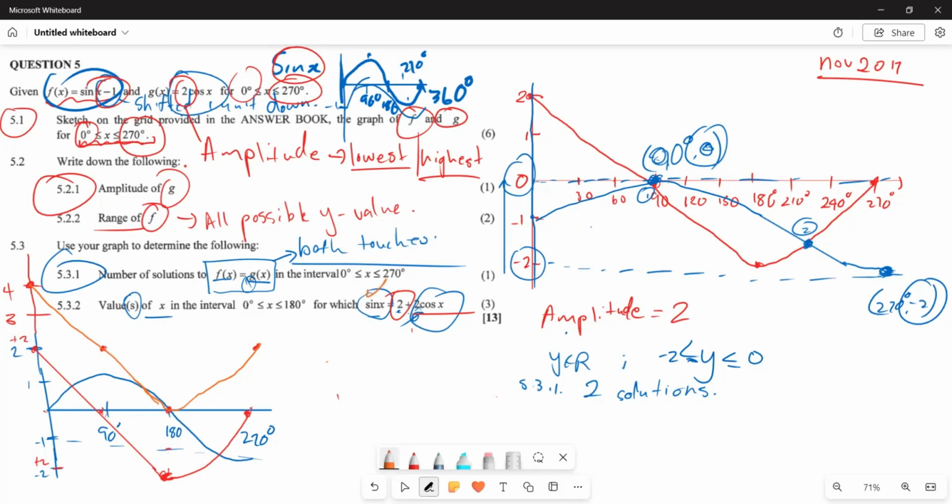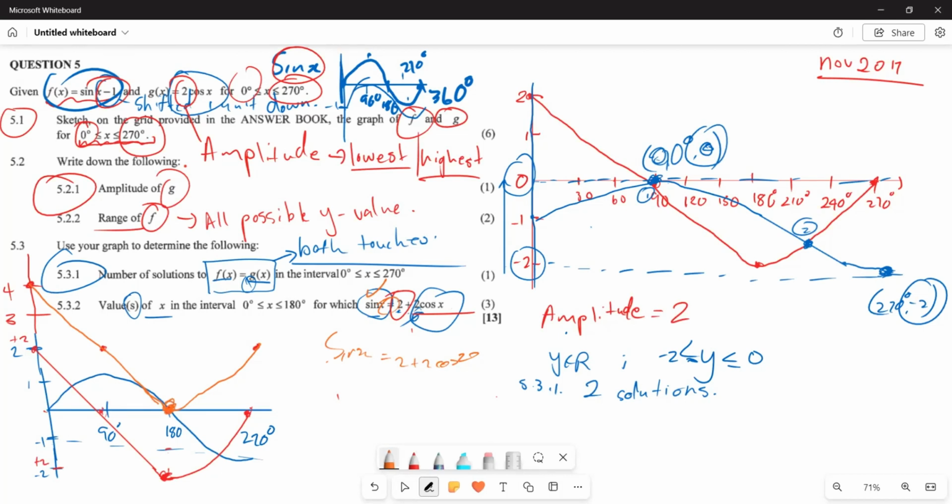Now the orange type of graph is the graph of 2 plus 2 cos x. Now they want where these graphs meet. They want where sine x is equal to 2 plus 2 cos x, right? So basically they want where both of these graphs are going to meet. Can you see that these graphs are going to meet here, right? Tell me that you can see that both of these graphs are going to meet here at 180 degrees.